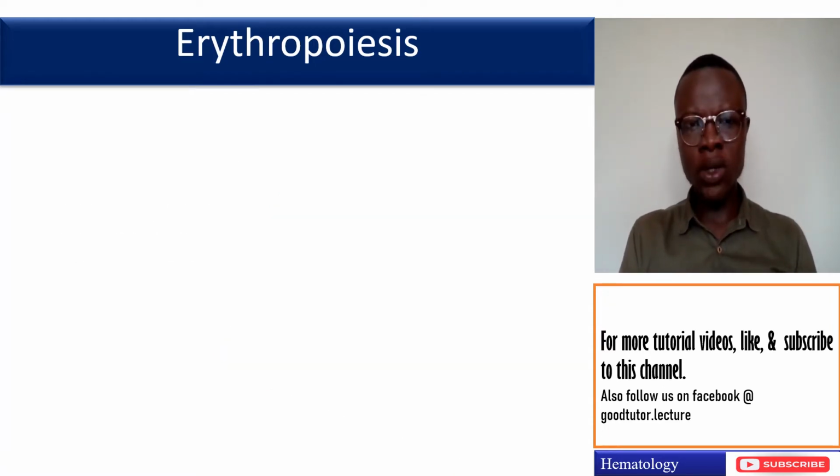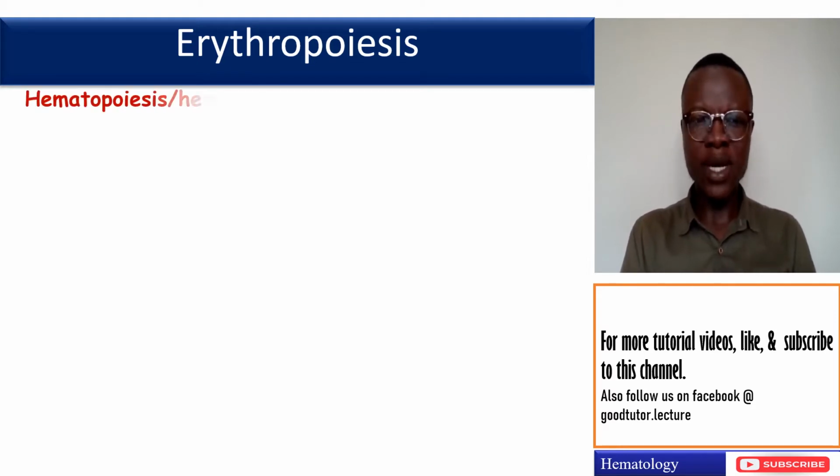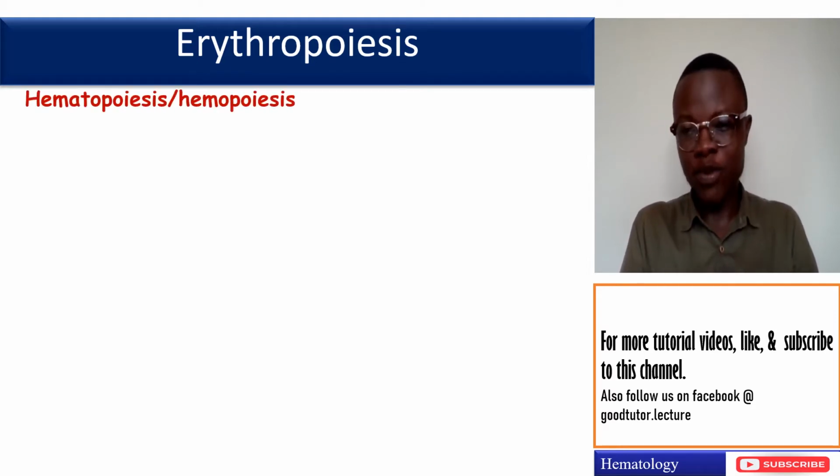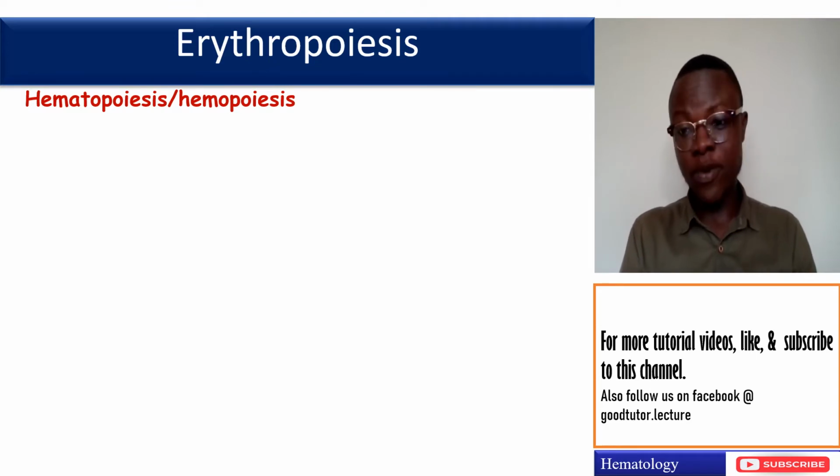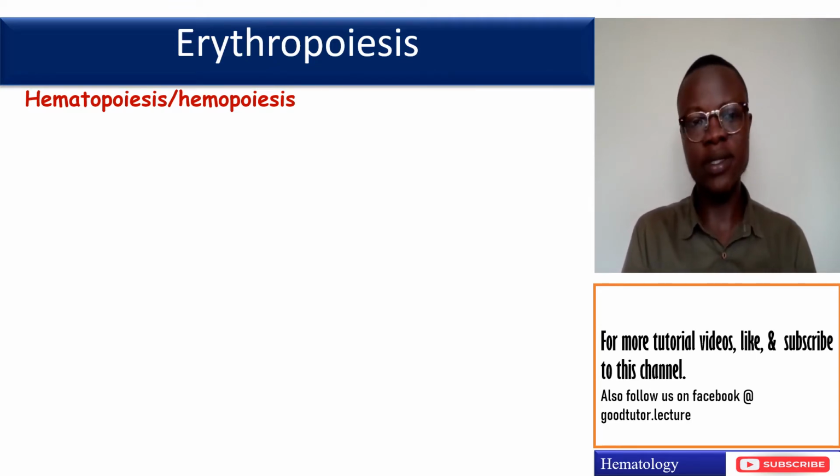So before we go on to looking at erythropoiesis, I would love for us to zoom out a bit and understand what hematopoiesis or hemopoiesis is and what it entails. The reason is erythropoiesis is basically one of the types of hematopoiesis.